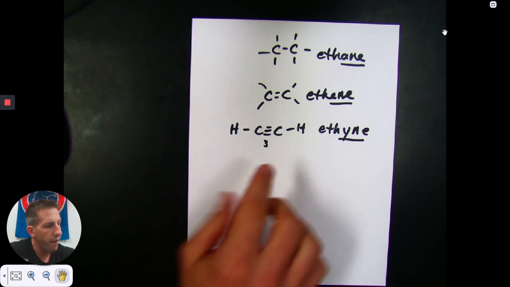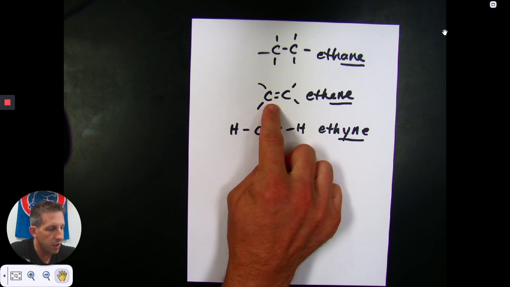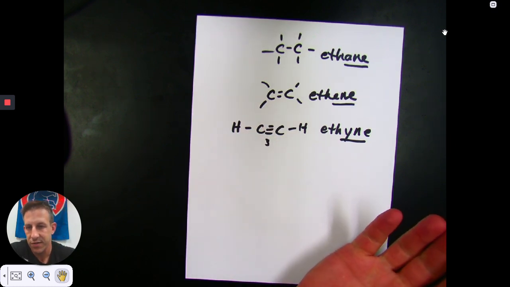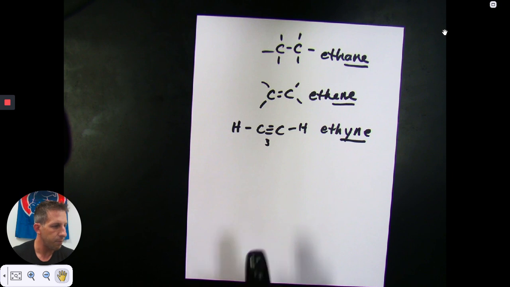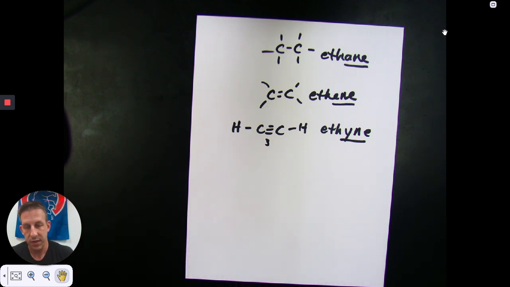And all we've done here is add bonds in between the carbons and take away a couple of hydrogens. It doesn't seem like much to us, right? But that's actually probably a pretty hard thing to do. And when we do things like that, it changes the properties. It produces this variation. We've got variation in the carbon skeleton, and we've got variation in the properties of the organic molecule as a result.